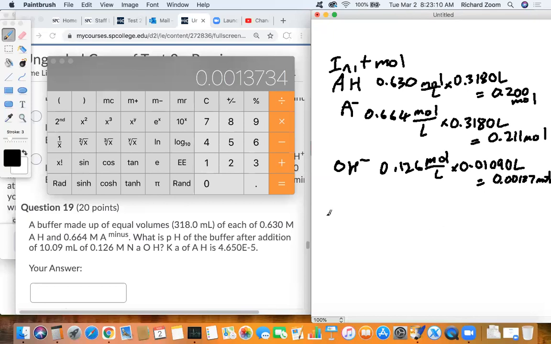In the next step, we're looking at the reaction moles. And what we know is that since we're reacting with OH-, it's the same reaction as we were looking at just a couple of minutes ago. So we know that it's going to be AH plus OH- gives A- plus H2O. We know that the AH is going down, the A- is going up.